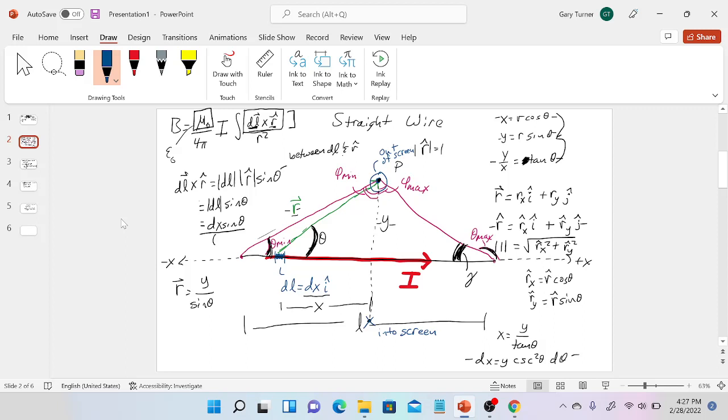And notice that this is true everywhere above the wire. It wouldn't matter where I tried to measure this field. It would be out of the screen coming at me above the wire, and it would be into the screen everywhere below the wire.